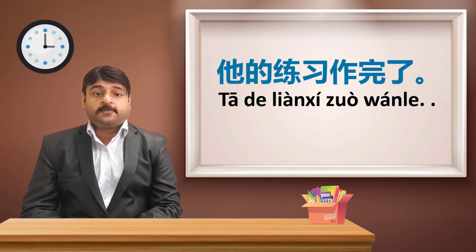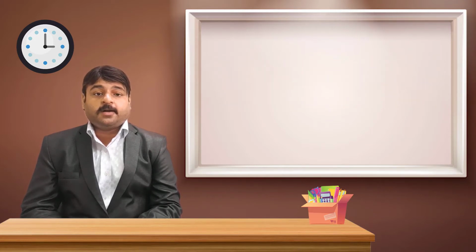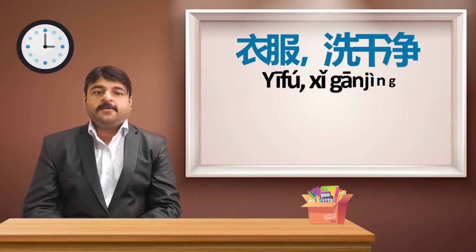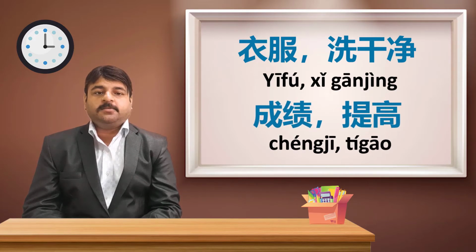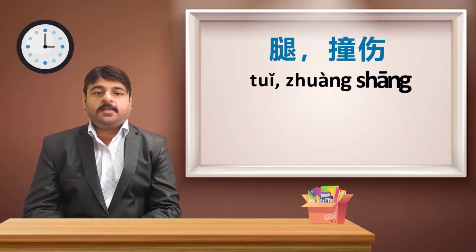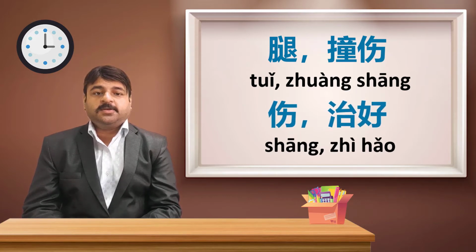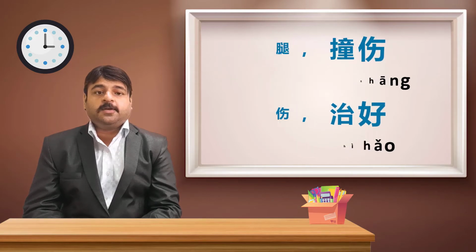Let us read the words from the box to make suitable replacements in the underlined parts and make more passive sentences. 衣服 clothes, 洗 wash, 干净 clean. 成绩 achievement, 提高 increased, 腿 leg, 撞伤 to hit, 伤 injured, 伤 injury, 治好 treat good or treated. Replace these words in the above sentence to make new sentences.